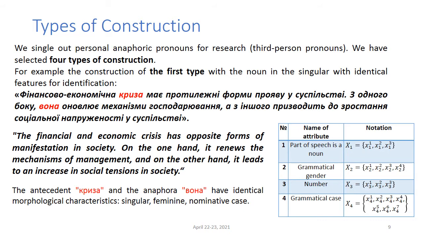So, for this sentence, the antecedent economical crisis and the anaphora it have identical morphological characteristics, single nominative case. For the link identification of antecedent and anaphors, we use such features as part of speech, grammatical gender, number, grammatical case.